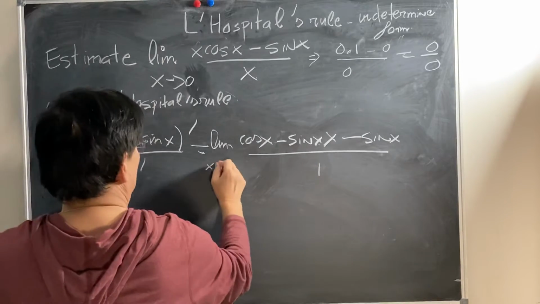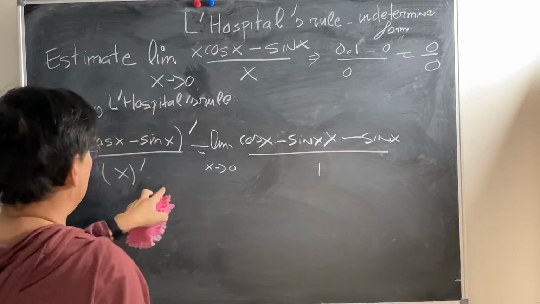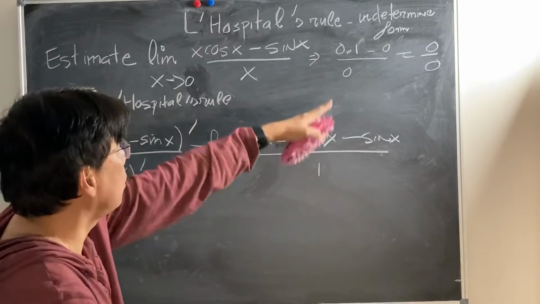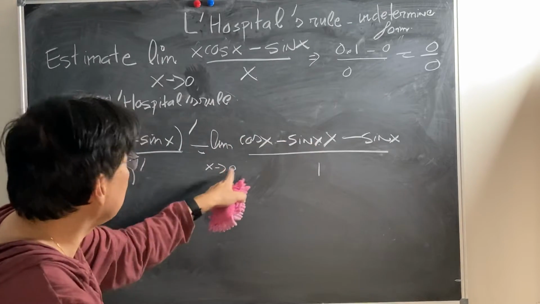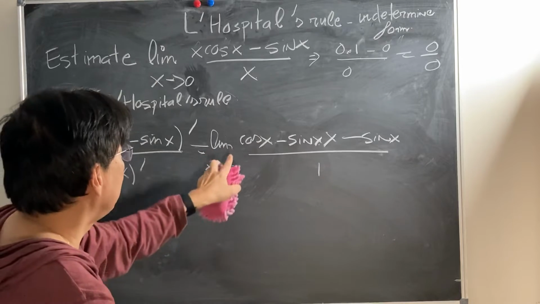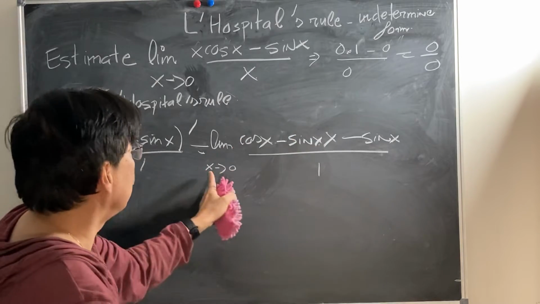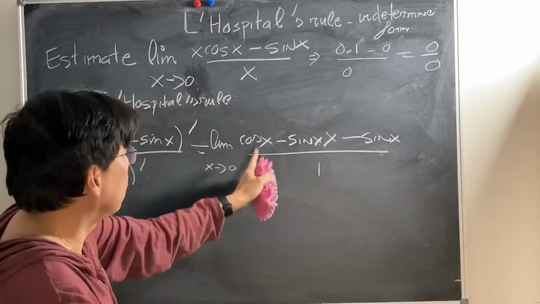As x goes to 0, you don't have the form 0 over 0 anymore. Then you substitute and calculate the limit of this function when x goes to 0. Substitute 0 here.